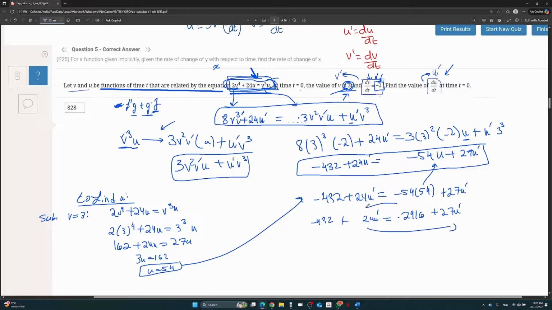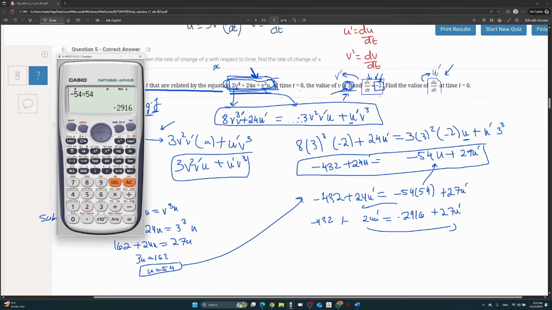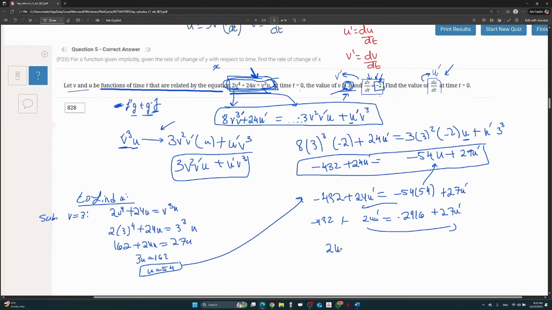This goes there, this goes there. So you get 2484 equals 3 u prime, because 27 minus 24. So u prime is equal to 828 because you divide by 3 on both sides.